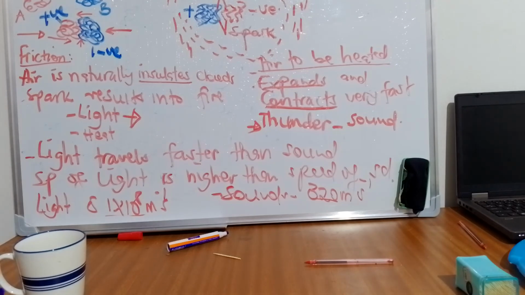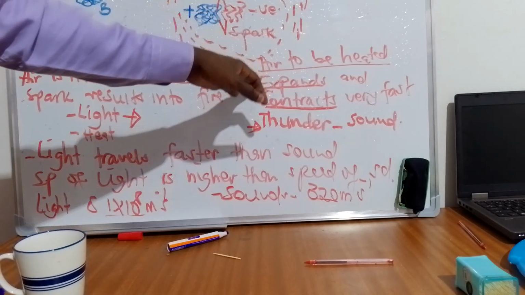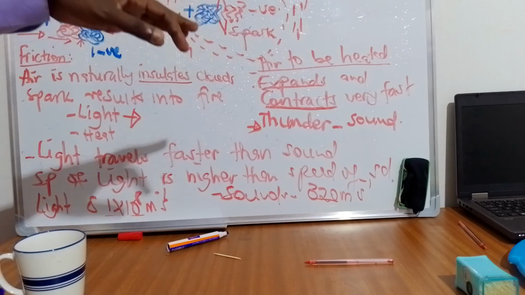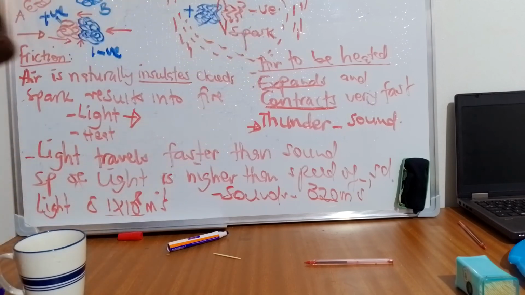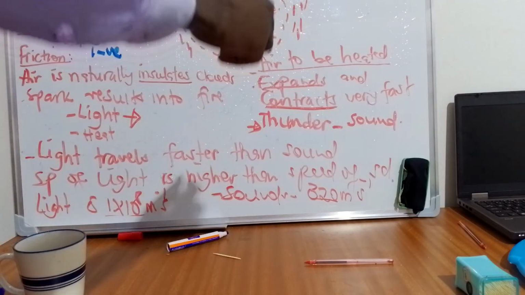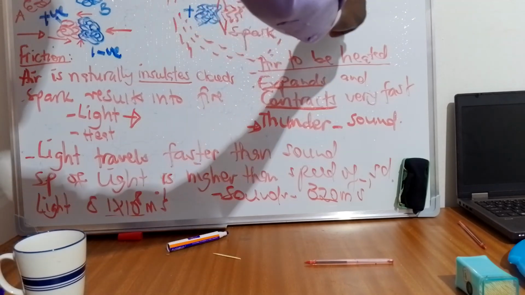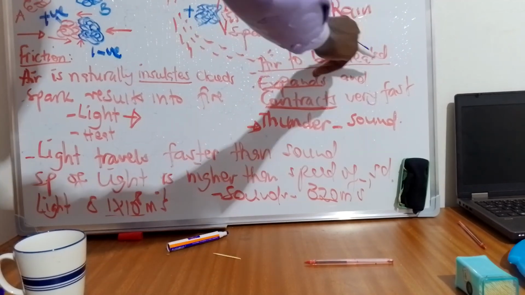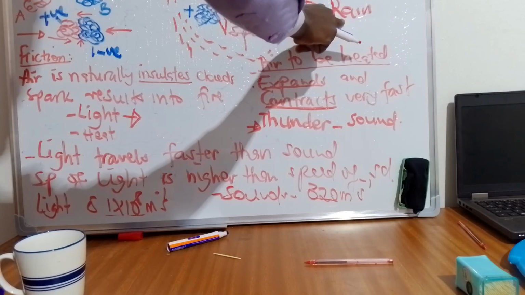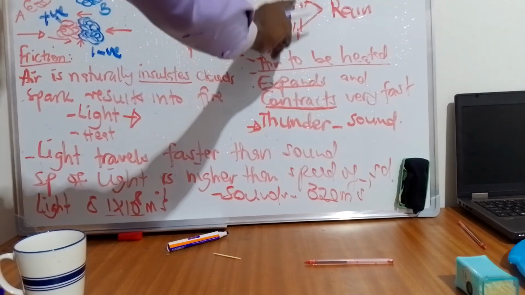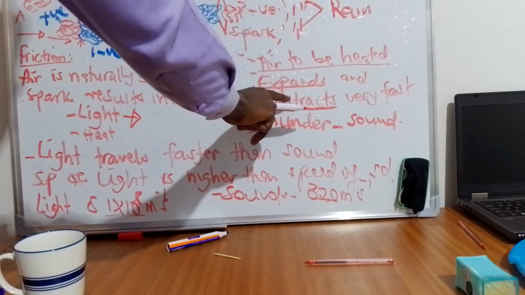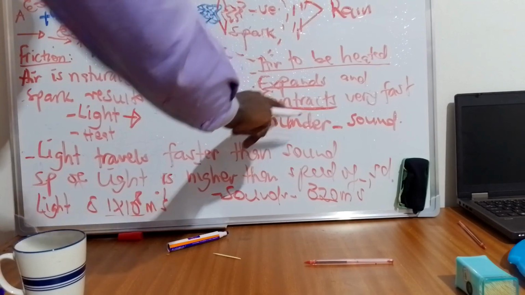And we believe that when air is heated, it expands very fast. And because it's always raining, this occurrence is common when it is raining. So by the help of rain, the heated air cools down fast, and the cooling causes contraction.